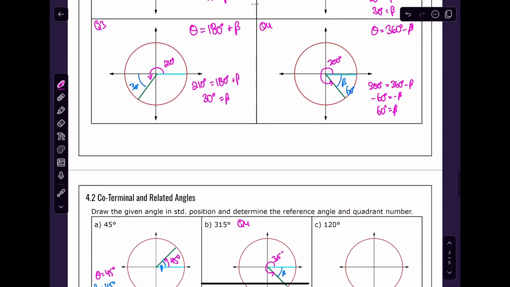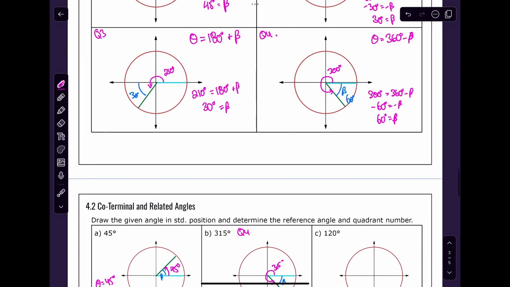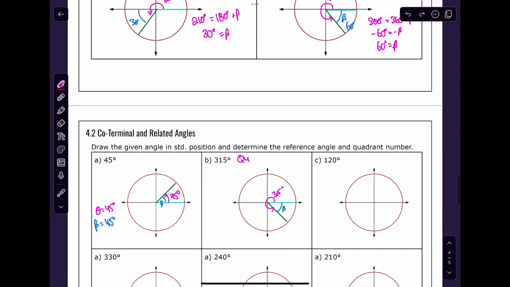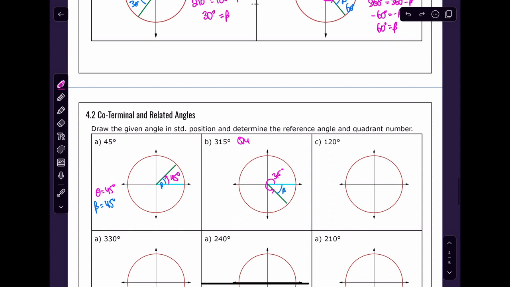And we're going to be using this formula here to find the reference angle in quadrant 4. So we have 315 degrees is equal to 360 degrees minus beta. When you solve this, it'll be minus 45 is equal to minus beta, which is 45 degrees is equal to beta. So in this case, our reference angle is 45 degrees.